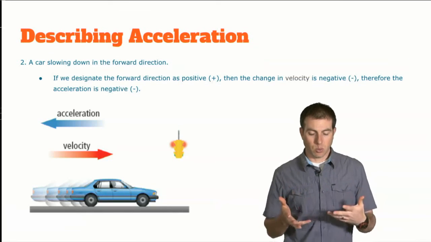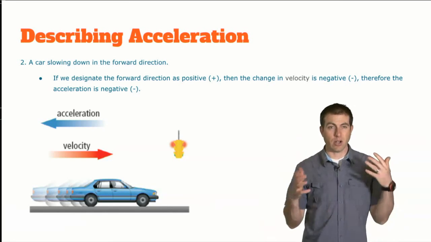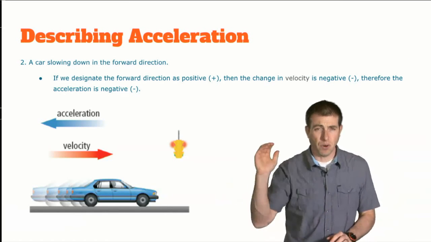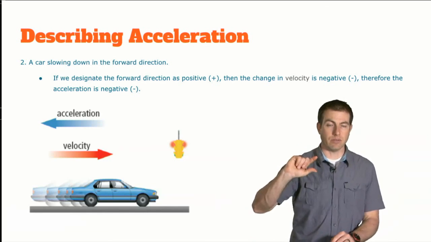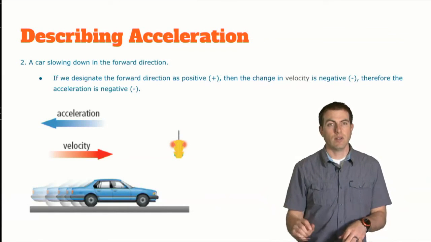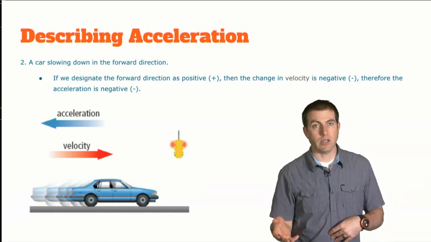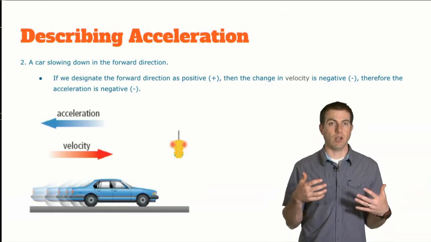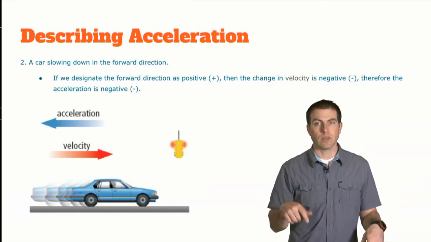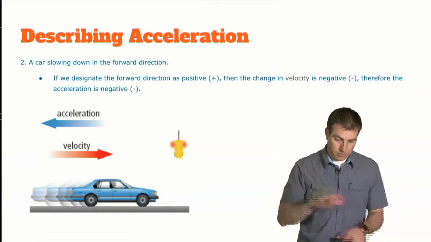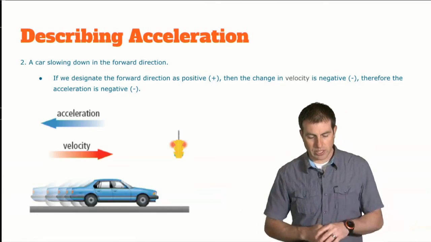So this is why acceleration gets tricky, because it's kind of hard to wrap your head around that. You're moving forward, but you're changing your velocity negatively. You're slowing down. Your final velocity is going to be 0, but your initial velocity was 50 kilometers per hour. So your change in velocity is actually negative. We'll talk about graphs later. We don't want to confuse ourselves right now.